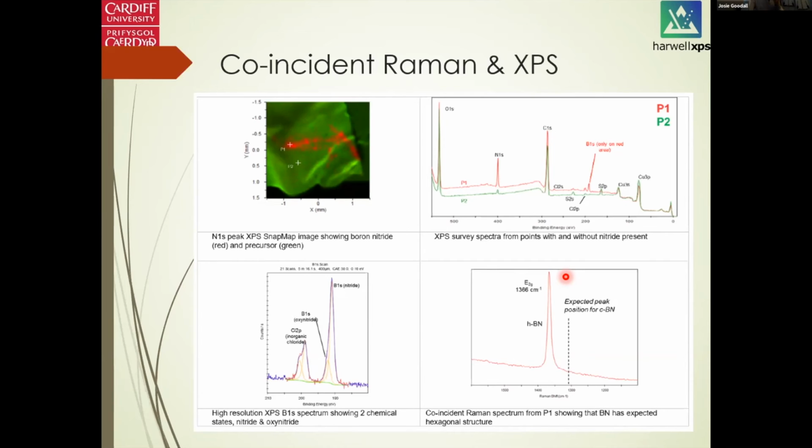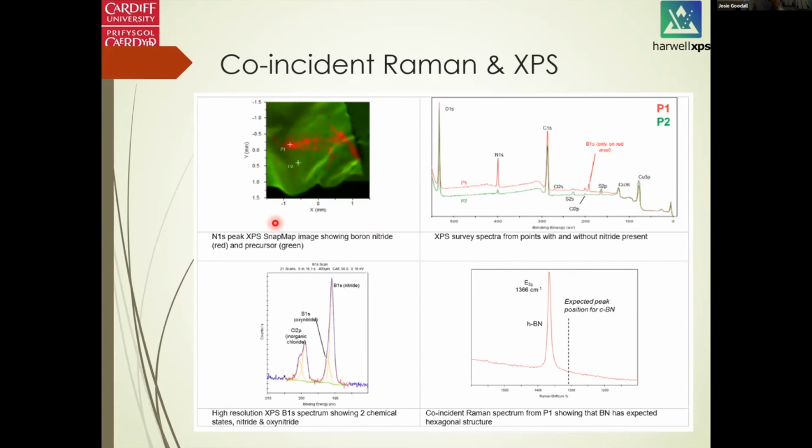But because Raman has more depth through the sample, we would be able to see if the structure changes even under the surface.